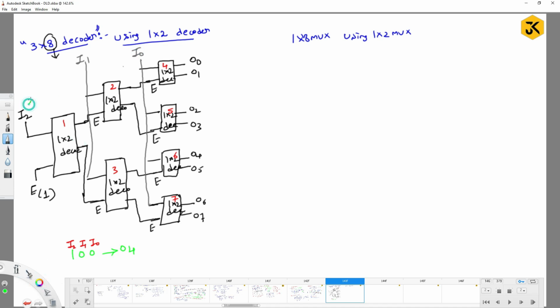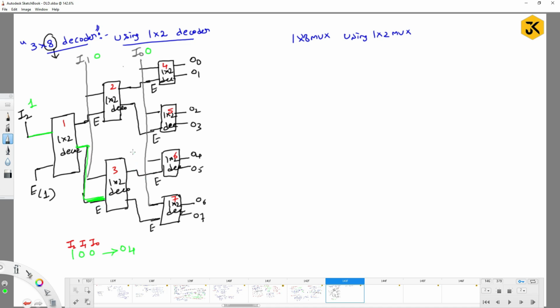So the I2 value is 1, the I1 value is 0, the I0 value is 0. Right? As the I2 value is 1, which line is going to be activated? The second line is going to be activated, meaning that output will be obtained here at the enable line. As you got the enable line at output, this circuit is going to be activated.